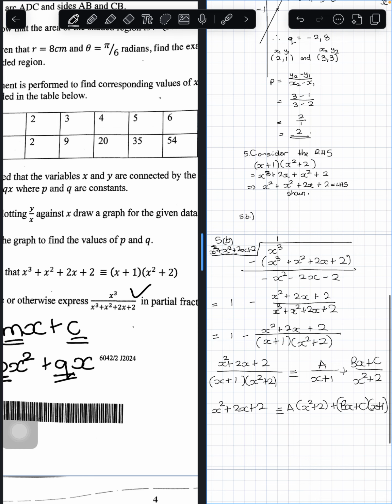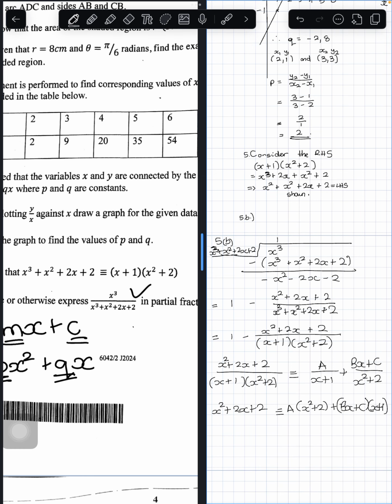Maybe let me explain again. We multiplied everything by the common denominator, so this one will cancel there, then this one will cancel there. That is why at the end we're left with that. I hope that one is clear.